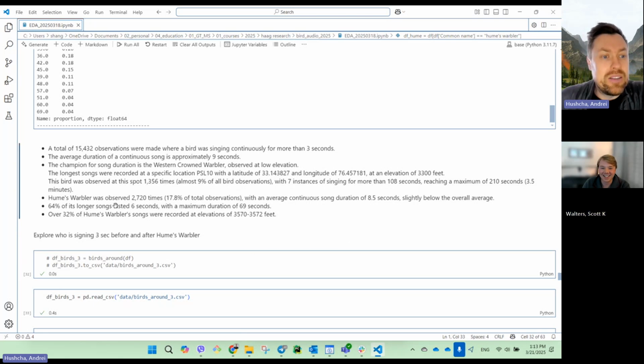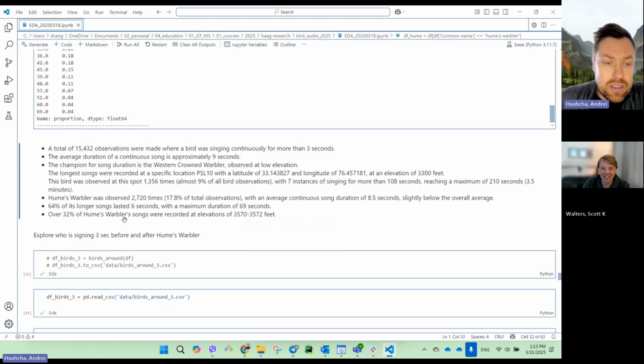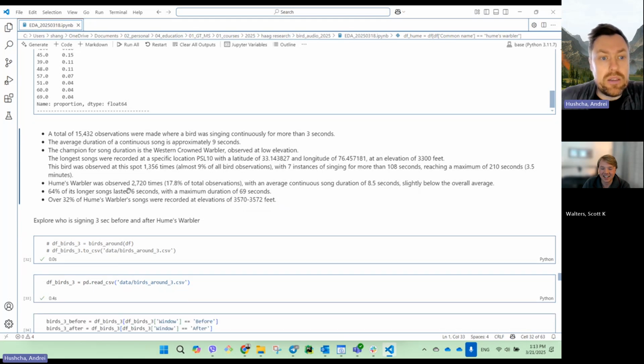As for the Hume's, he was observed 2,700 times, almost 18% of total observations overall. The average continuous sound is a little bit less than the total average. He sang 6 seconds for 64% of his songs, and the maximum duration was 69 seconds.